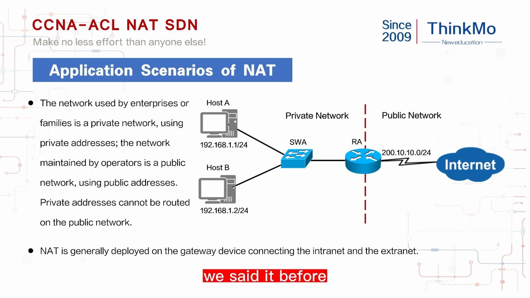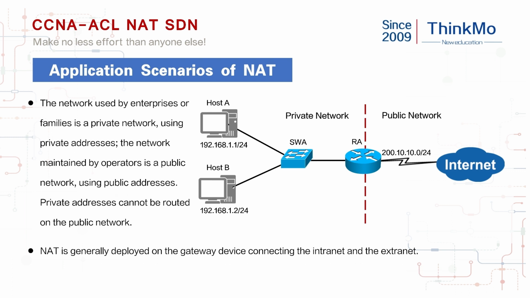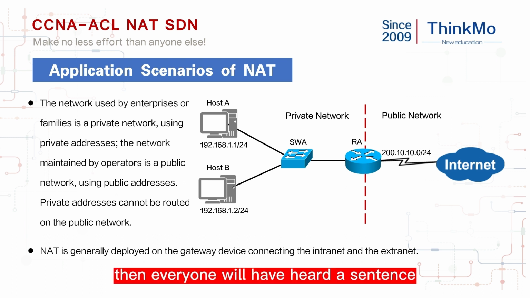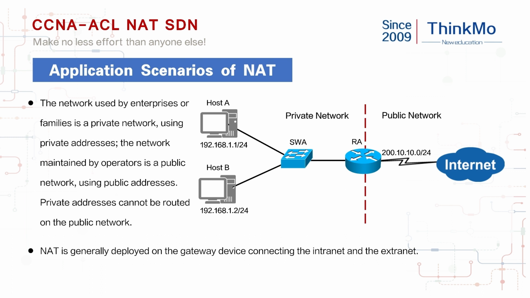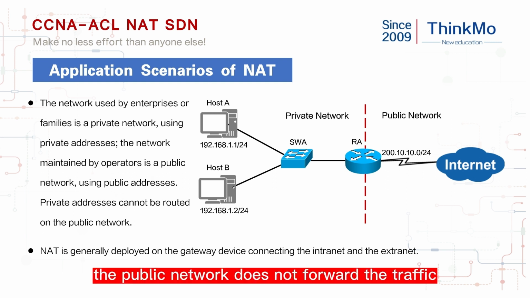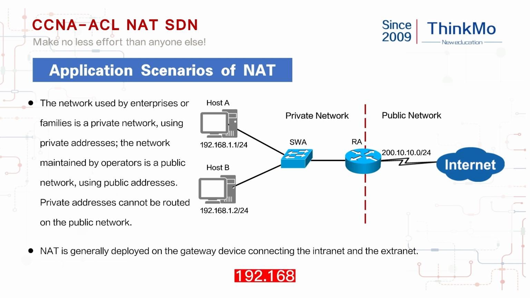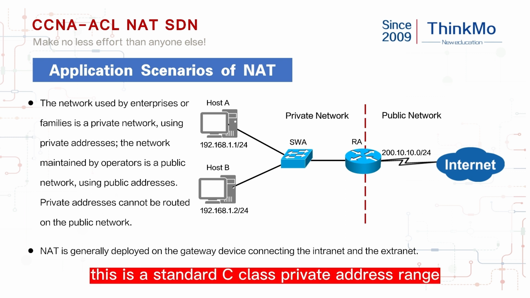We said it before: we will use private network addresses internally and run public network addresses on the public network. Everyone will have heard the sentence that private network addresses cannot run on the public network. The public network does not forward the traffic of private network IP addresses. Why doesn't it forward it? For example, 192.168 is a standard C-class private address range.